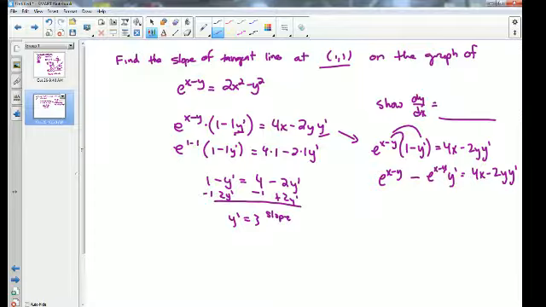That's why I plug it in first, if I can. I'm going to move this y prime over here, and I'm going to move this e to the x minus y over here. So I have 2y prime minus e to the x minus y prime equals 4x minus e to the x minus y. Right, so I just shifted 2 things.